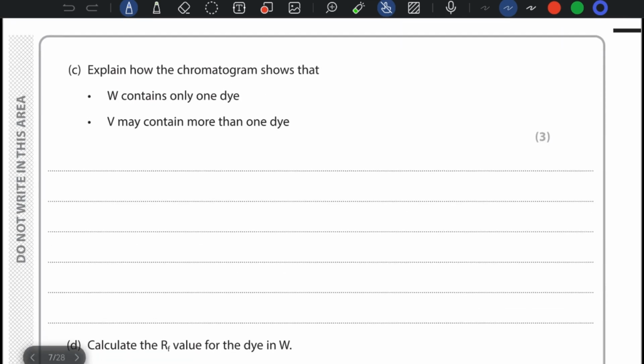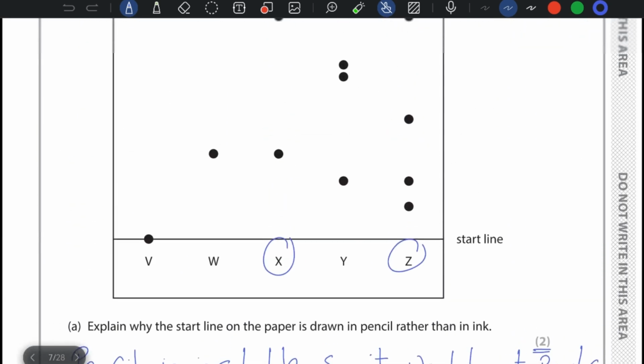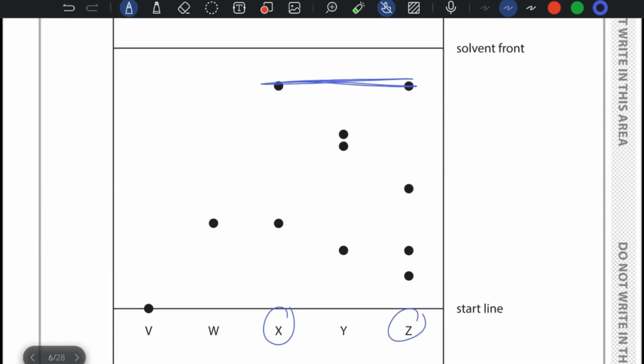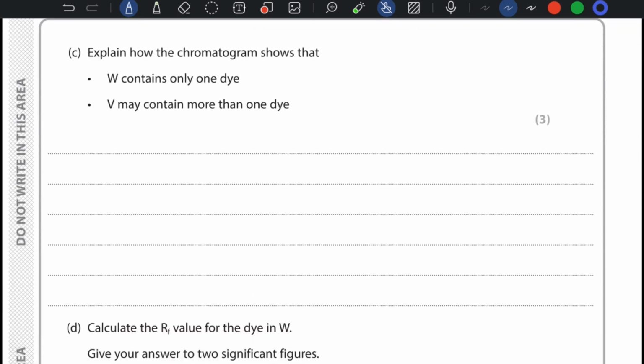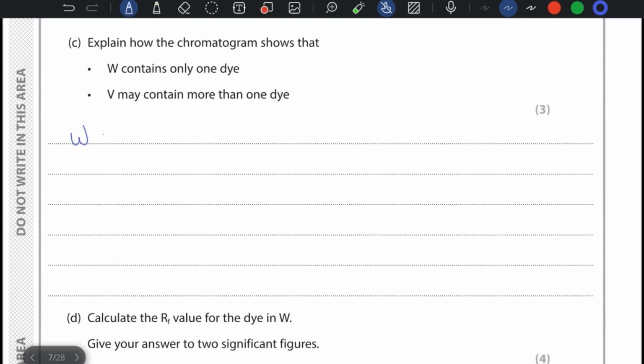Next question, explain how the chromatogram shows that W contains only 1 dye, and V may contain more than 1 dye. Let's check W. W contains only 1 spot. So we can mention W produces only 1 spot.